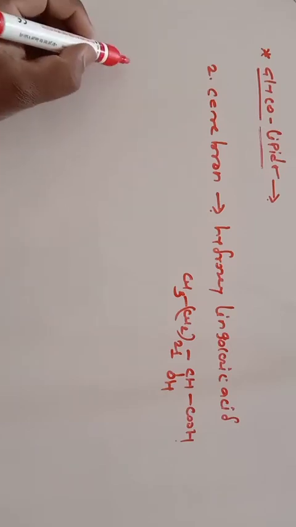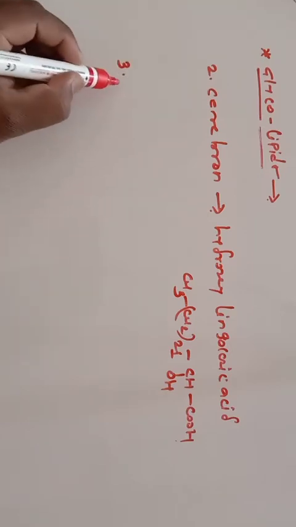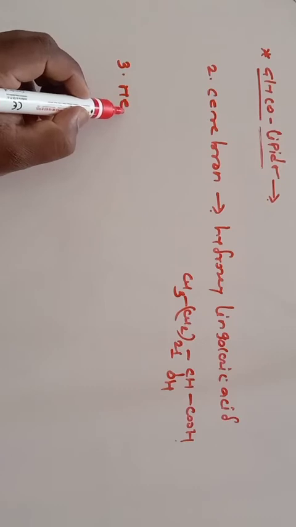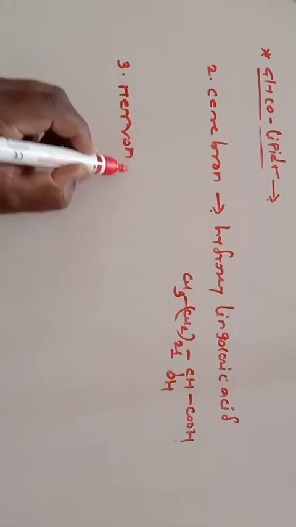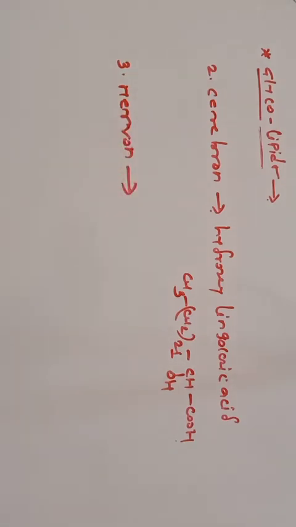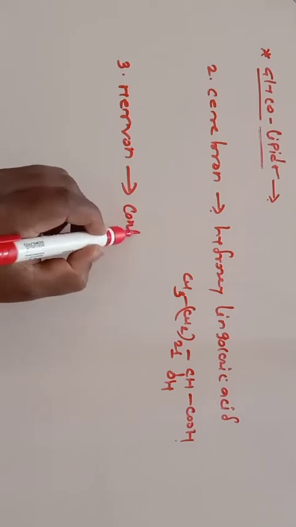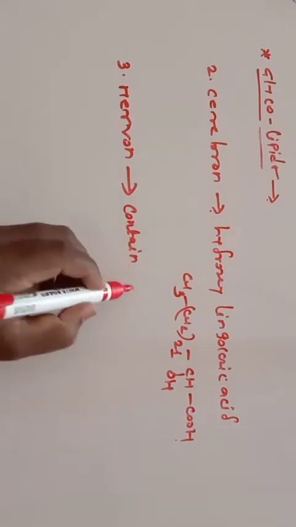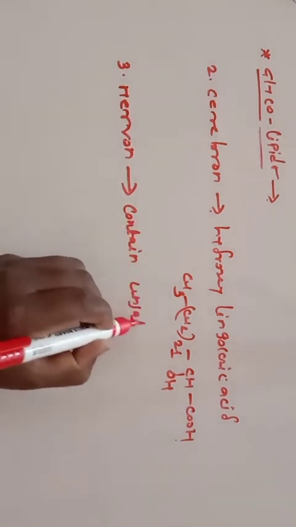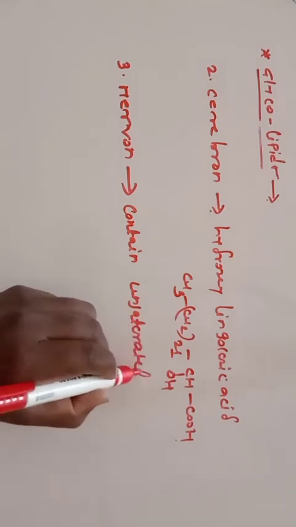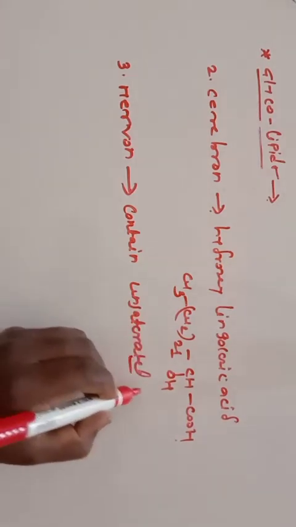Again, the third example is nervon. It contains the unsaturated homologue of lignoceric acid called nervonic acid. Unsaturated means it contains a carbon-carbon double bond.